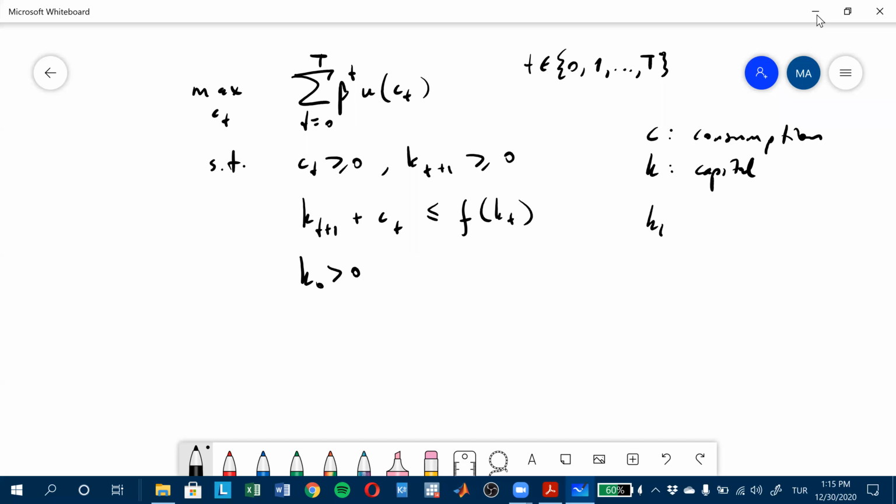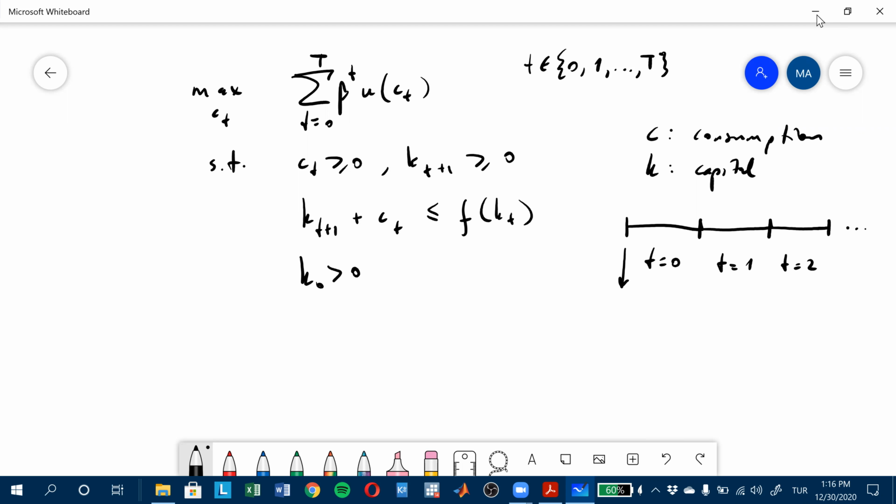Now Kt, that's important. Kt is the capital stock at the beginning of period t. So if you imagine time passing through discrete episodes, this is t equals 0, let's say. This is t equals 1. This is t equals 2, then that goes on.